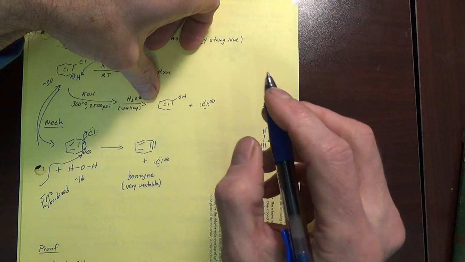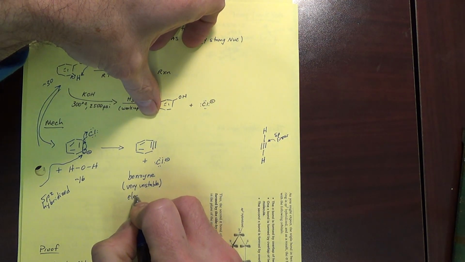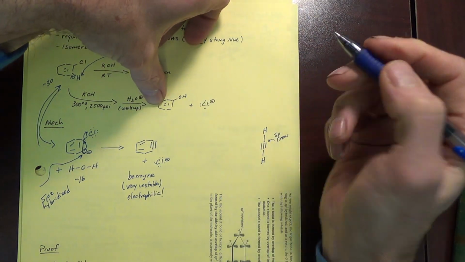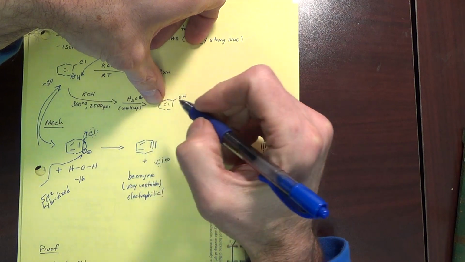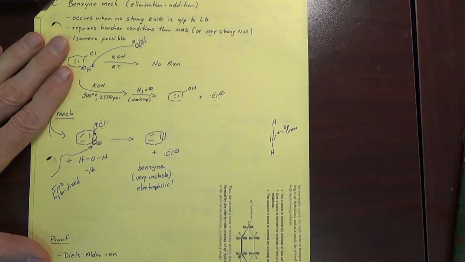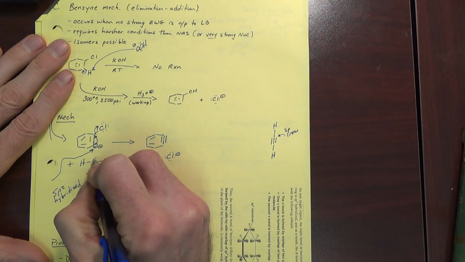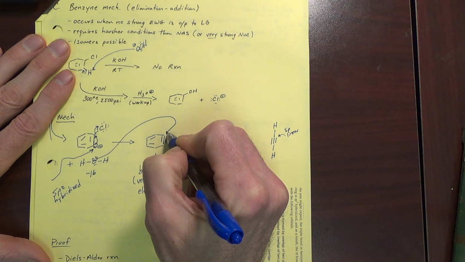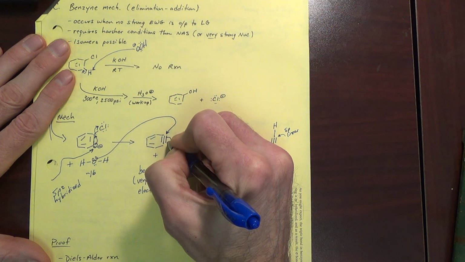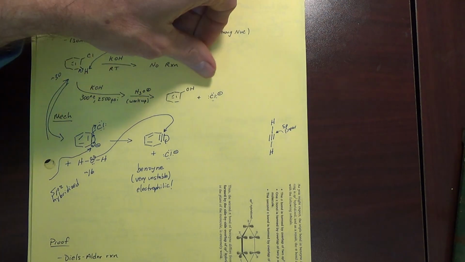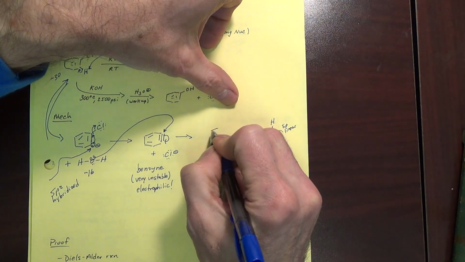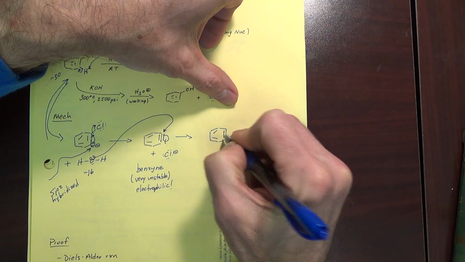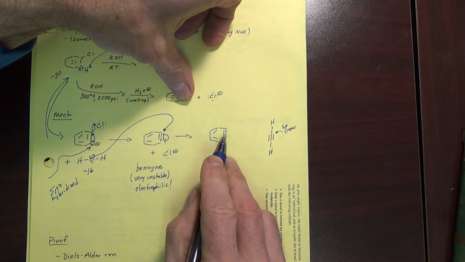At this point, it's actually electrophilic. And in this case, the nucleophile that reacts with the electrophile is water, and these electrons come in here and add to the carbon and push these electrons back. And that will give a double bond now.